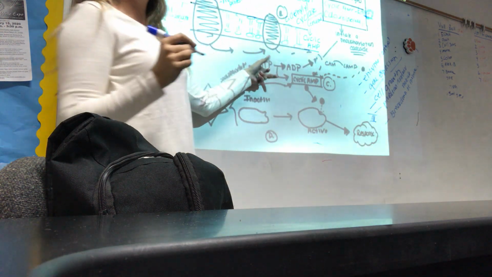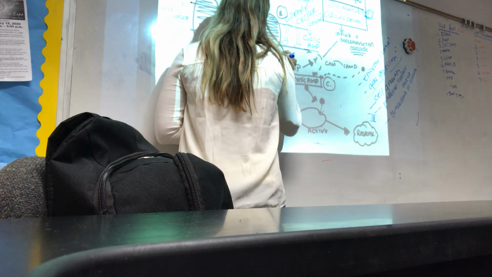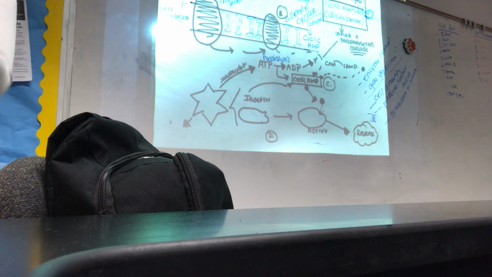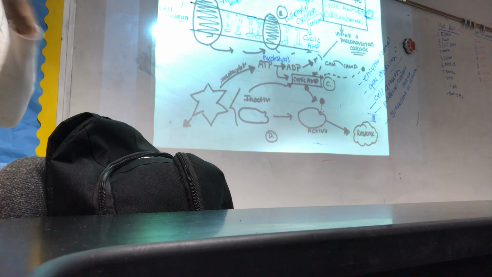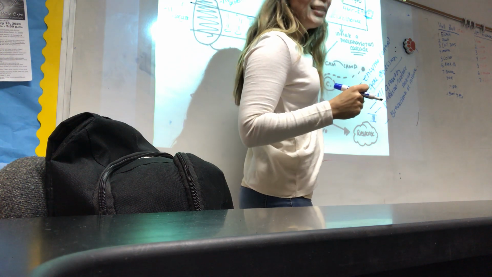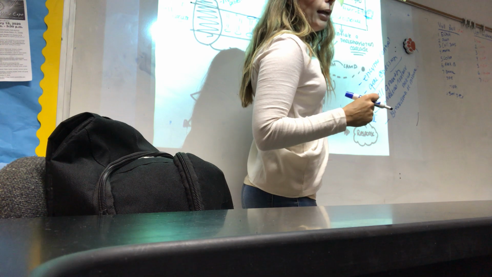Guess where that phosphorus comes from? So when I say hydrolysis of ATP is essential for these reaction pathways, it's because I'm borrowing the phosphates to make secondary messengers. Okay, does that make sense?